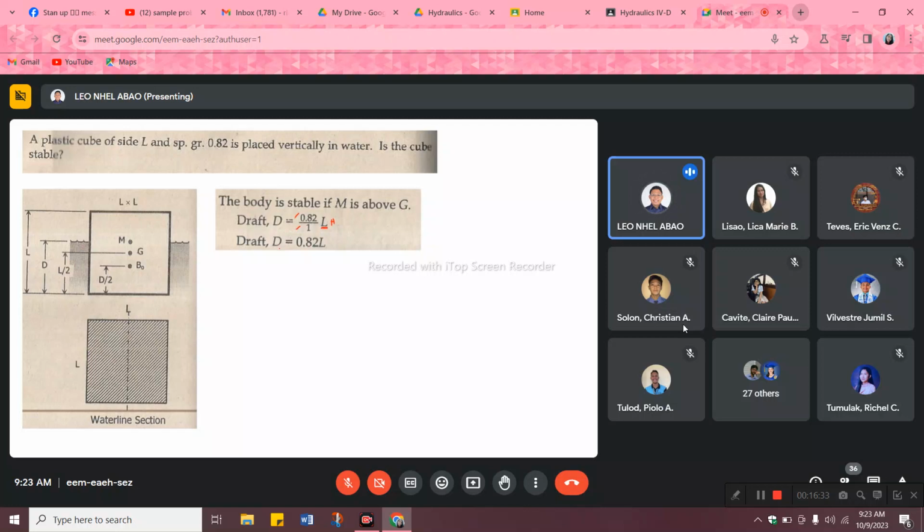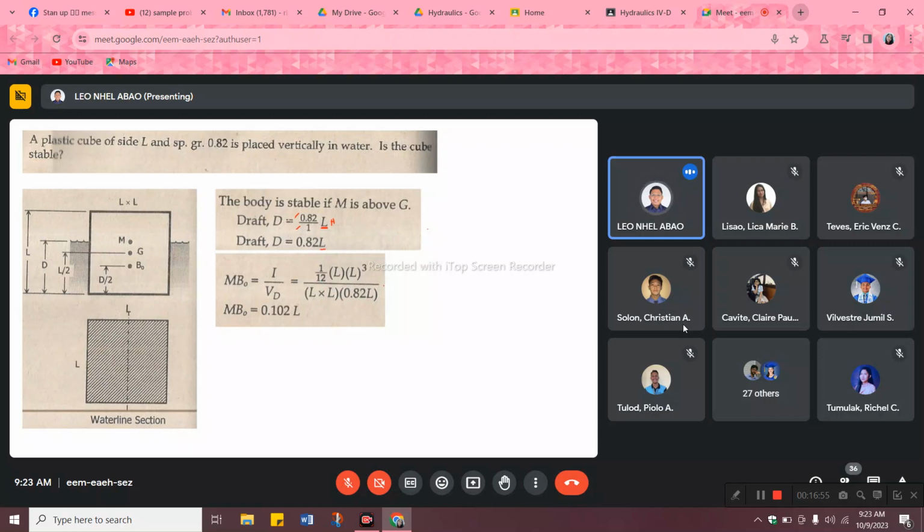So we get the draft in terms of L. With the draft, we get the volume displaced. MBO is I over VD, so the moment of inertia is 1 over 12 L times L cubed over L by L times 0.82 L.